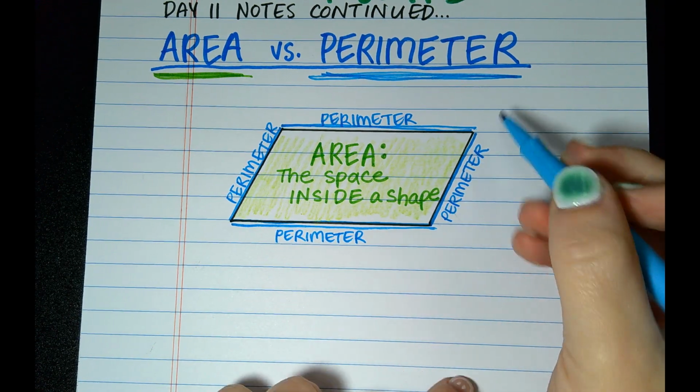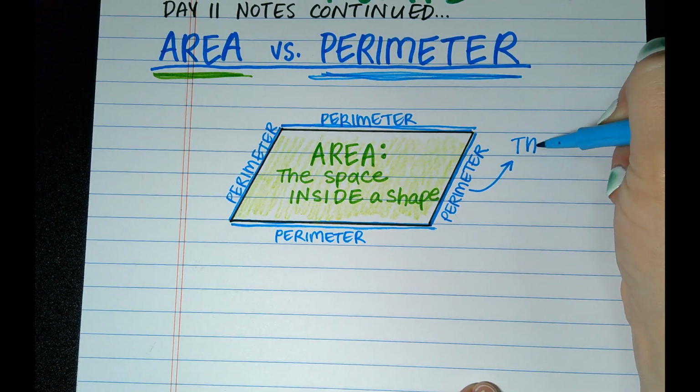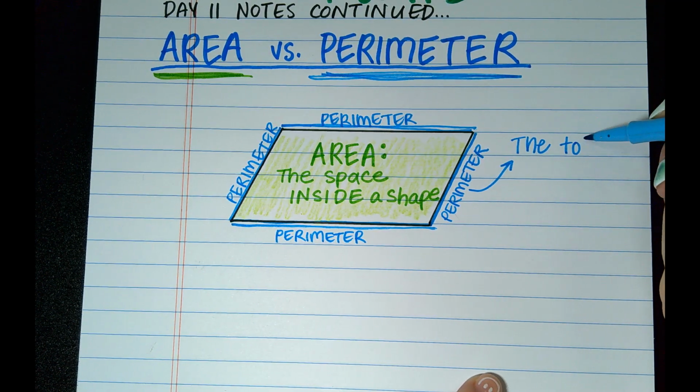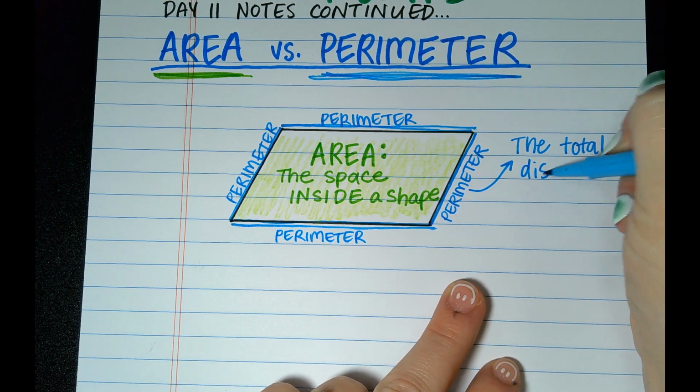And we will define perimeter as basically the total distance around the shape, around the outside of the shape.